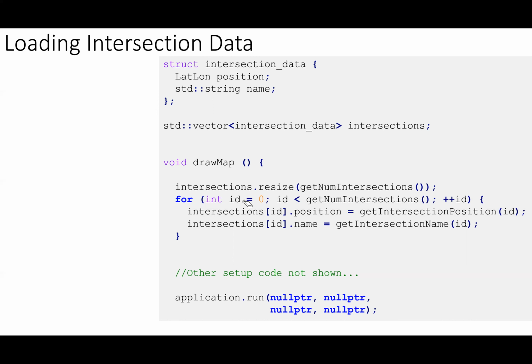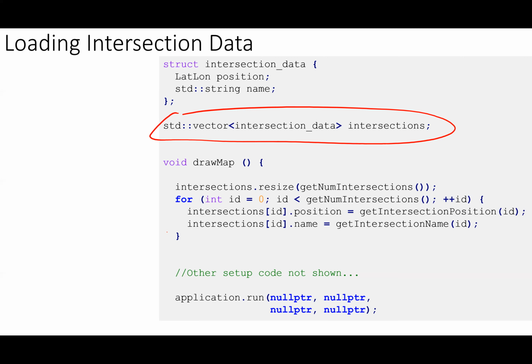And I'm going to store the name of that intersection as whatever I got by calling the streets database API. I didn't really have to store this in a global variable because I could just ask for it from the streets database API whenever I wanted. But in case I'm going to create more data for intersections, I've just started by making my own data structure and loading it up. Okay. So I've done some setup here where I've loaded things in, and then I'm going to call this application.run.